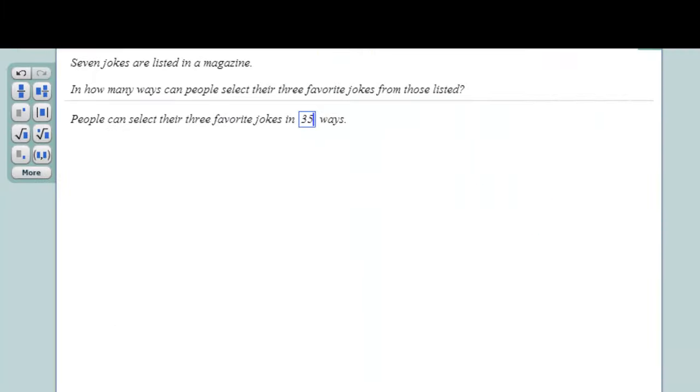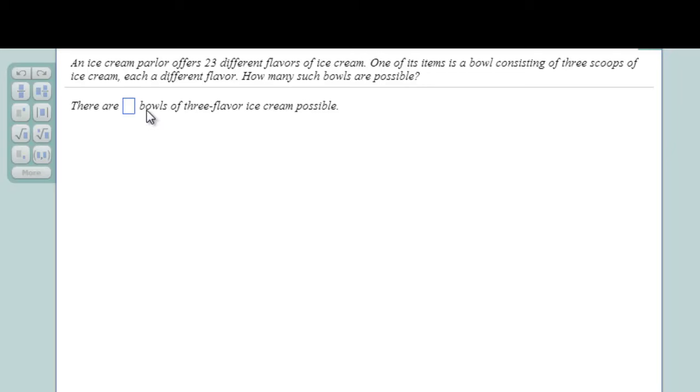Next question here. All right, so you're going to get one that's a question similar to this. So in this one, we're in one bowl, we're going to have 3 scoops of ice cream, each a different flavor. How many bowls are possible? Okay, so very often, the first common mistake I see is this.